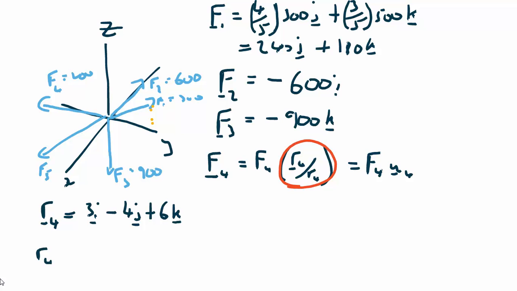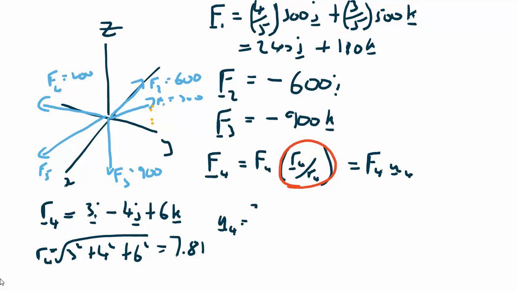The magnitude of that is therefore 3 squared plus 4 squared plus 6 squared, all square rooted, which equals 7.81. So we can then get a unit vector of 3 over 7.81 I minus 4 over 7.81 j plus 6 over 7.81 k.